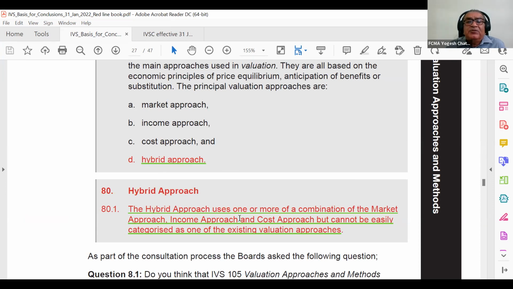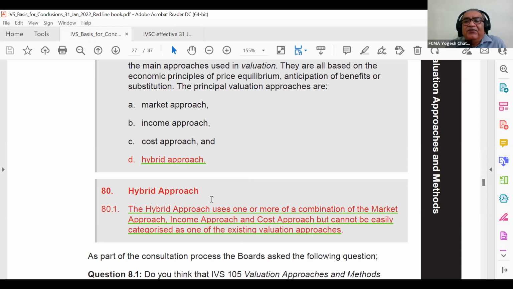The hybrid approach uses one or more a combination of the market approach, income approach, and cost approach, but cannot be easily categorized as one of the existing valuation approaches. So in the original discussion paper, this idea was floated to add a fourth valuation approach, the hybrid approach.